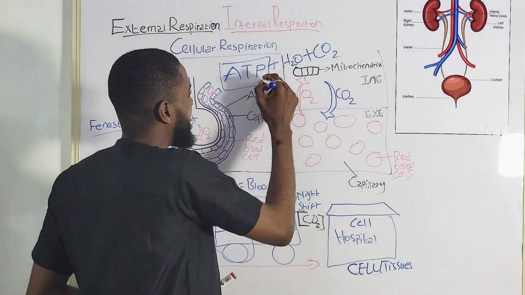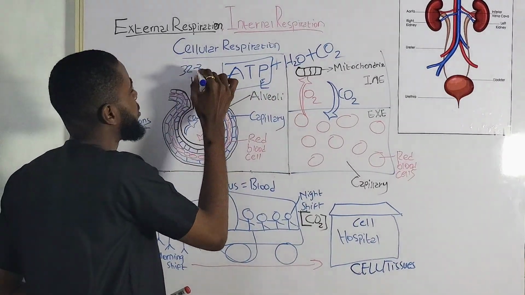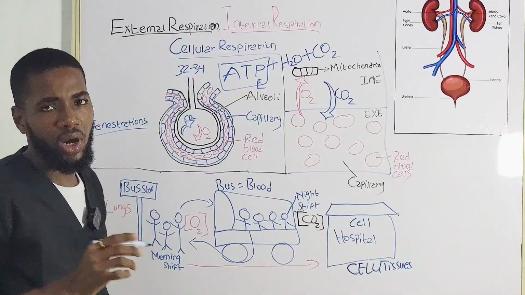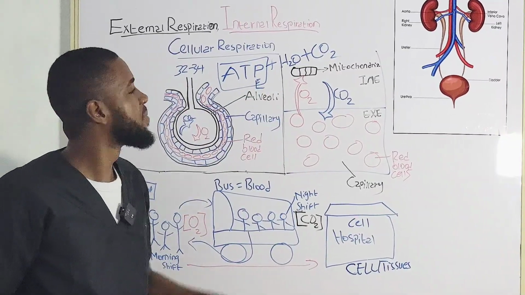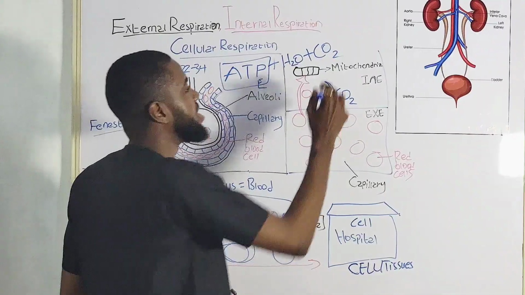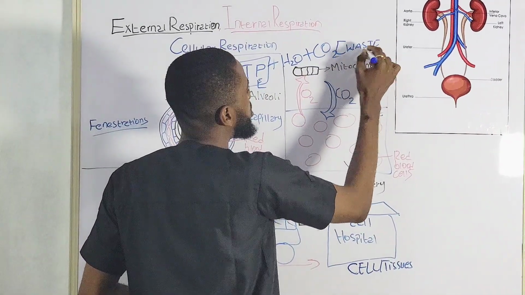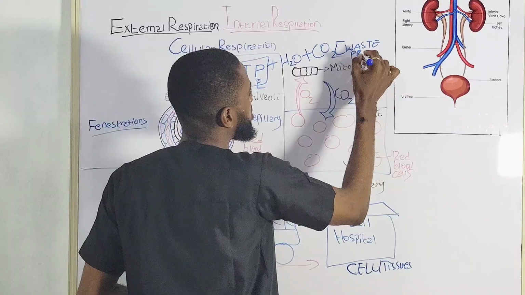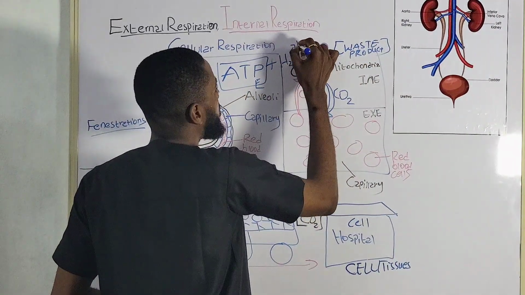So ATP is the energy, and this energy is usually between, I think, 32 to 34 ATPs under normal aerobic respiration. Now, water is produced and CO2, which is the main waste product. So CO2 is the waste product, H2O is the byproduct.